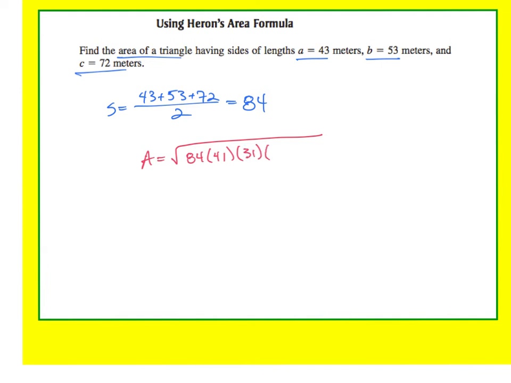And then what is the S minus C? 12. All right. What are my units? Meters squared. Why is it squared? Because it's two-dimensional. Good.